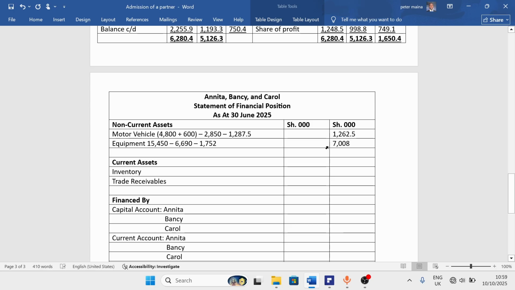So now we want to add the two non-current assets. So 1262.5 plus 7008 is giving us 8270.5.